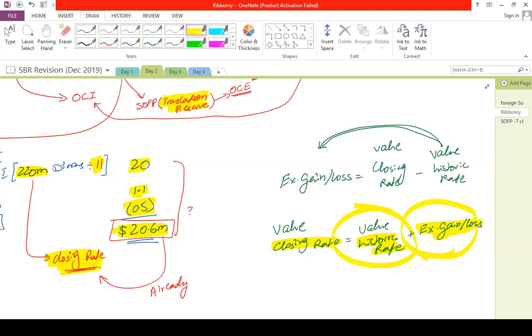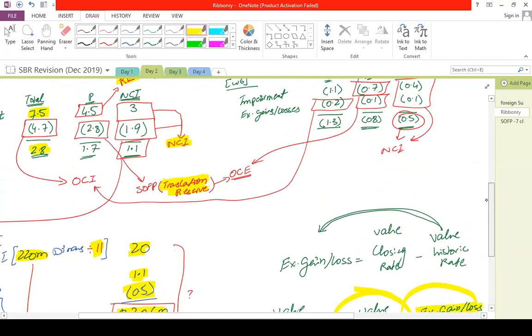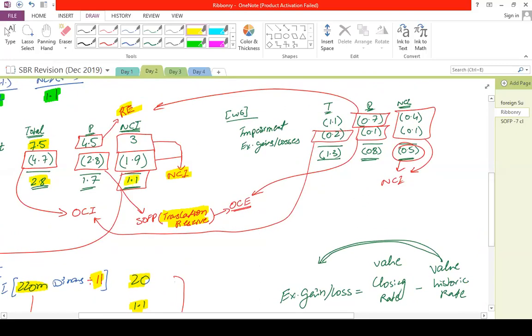Okay, Zara is clear on this. Cindy is saying, where were 1.1 and 0.5? Cindy, the 1.1 is this, which includes the exchange gain or loss. And 0.5 is this, which again includes the exchange gain or loss of 0.1.